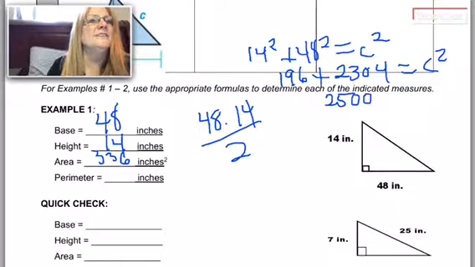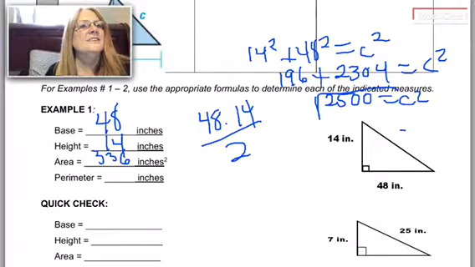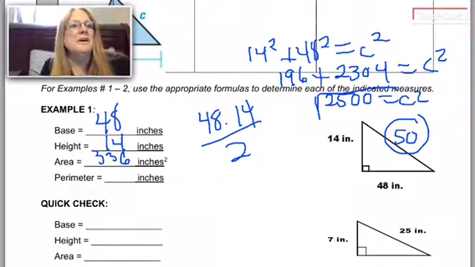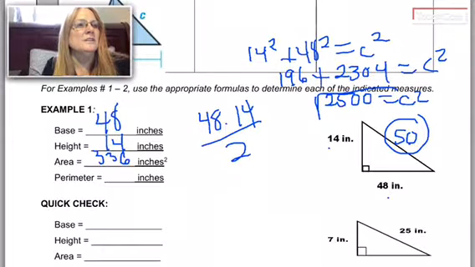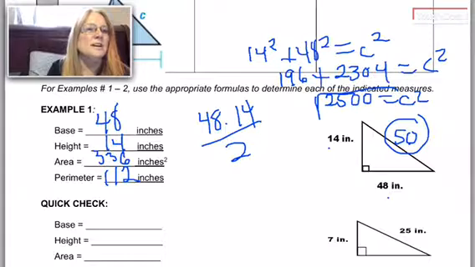I knew it. And when you take the square root of 2500, it is 50. So that is a triple, but it's not one that I typically remember. The perimeter is we just add 50, 48, and 14. So that's 112.